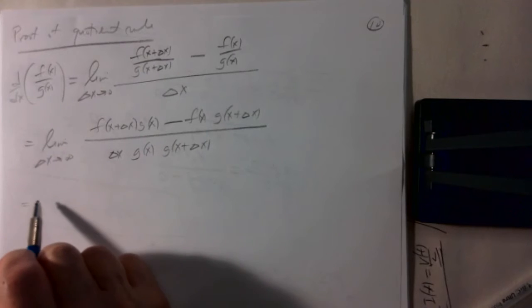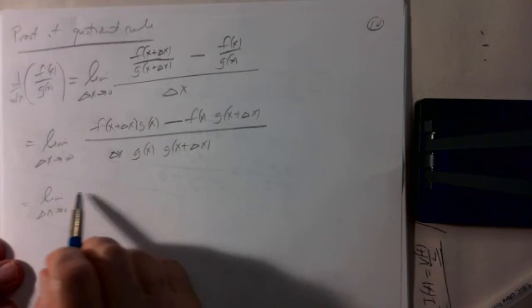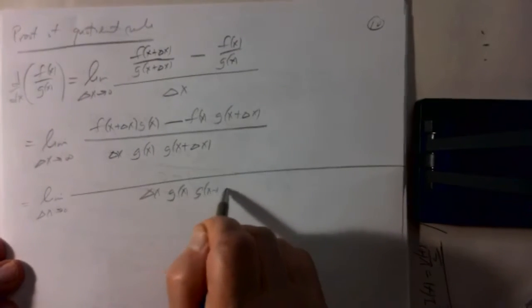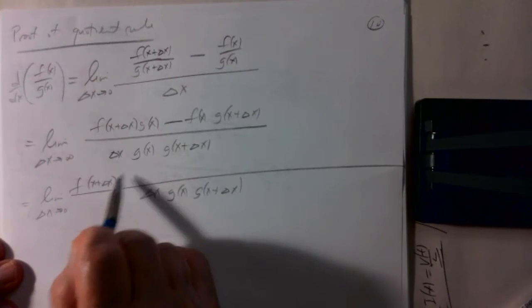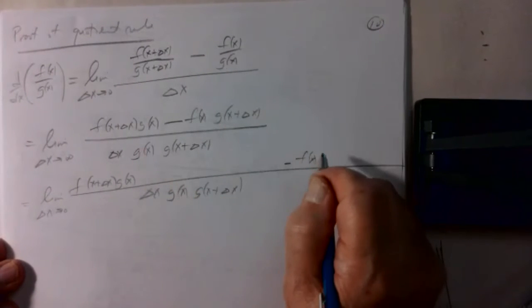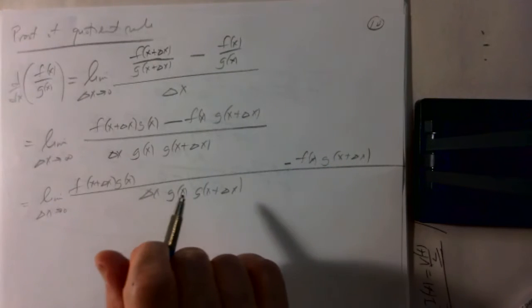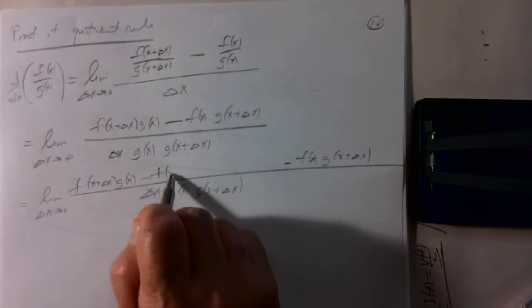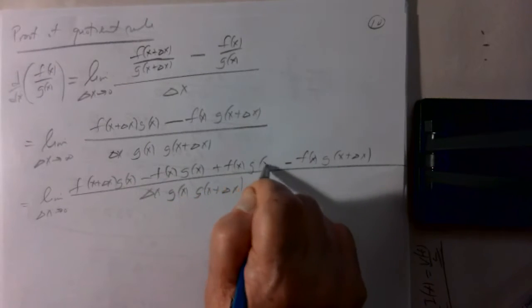And I'm going to do something analogous to what I did when working out the product rule. I'm just going to add 0 to the numerator. I'll put it in here. And my 0 is going to be of the form minus f of x g of x plus f of x g of x.